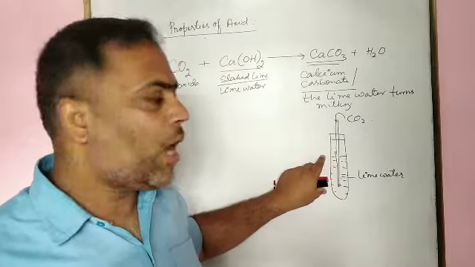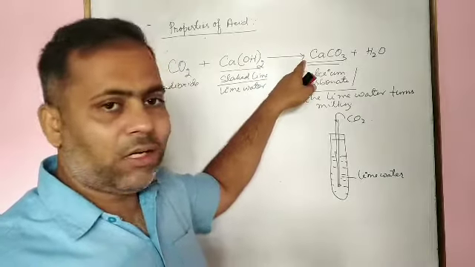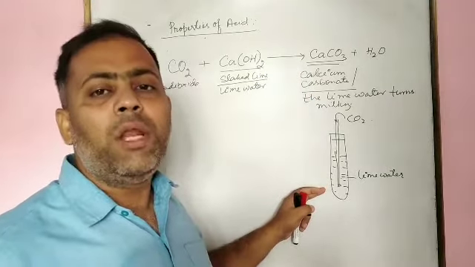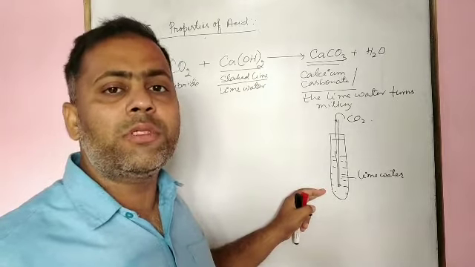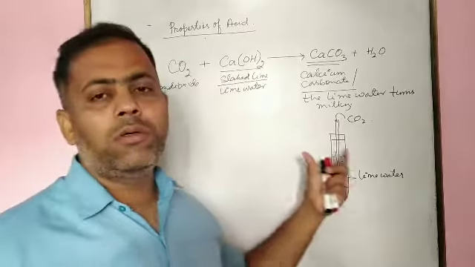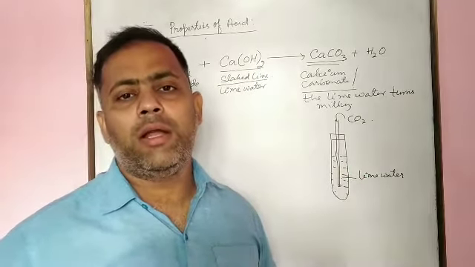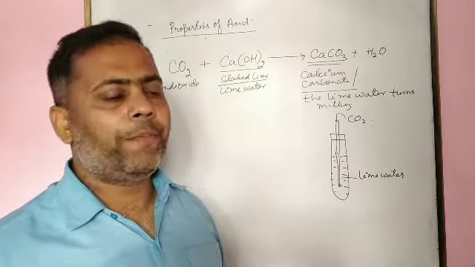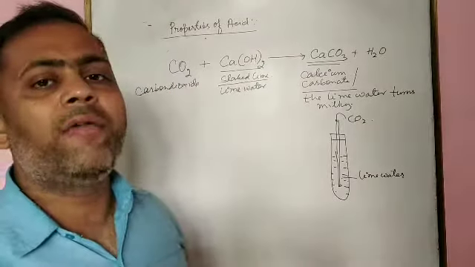When calcium carbonate is formed here, it is white in color. That's why this lime water turns milky. It means it will seem like milk. This is how to know the presence of carbon dioxide: it turns lime water milky.